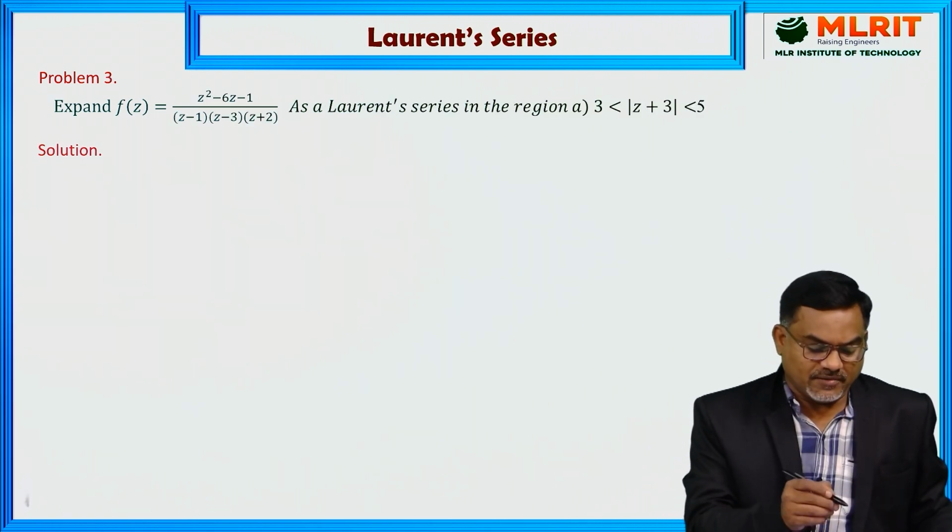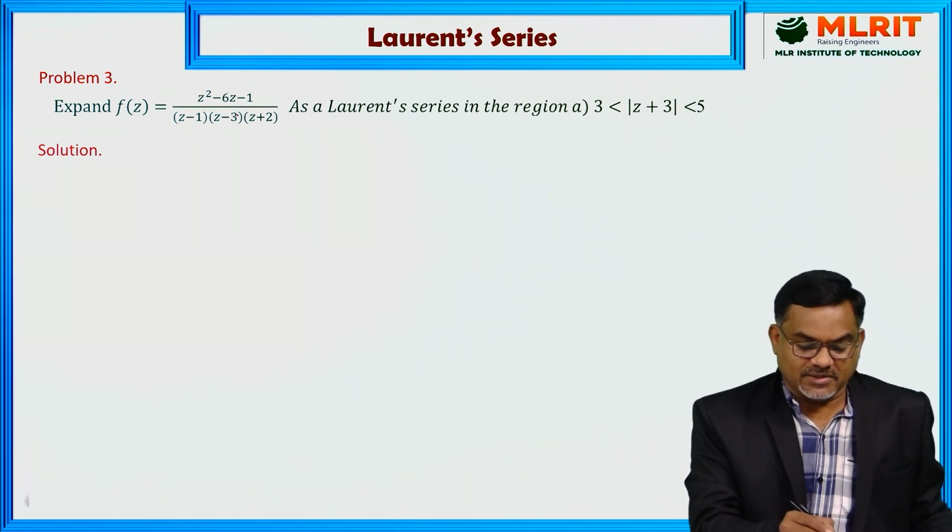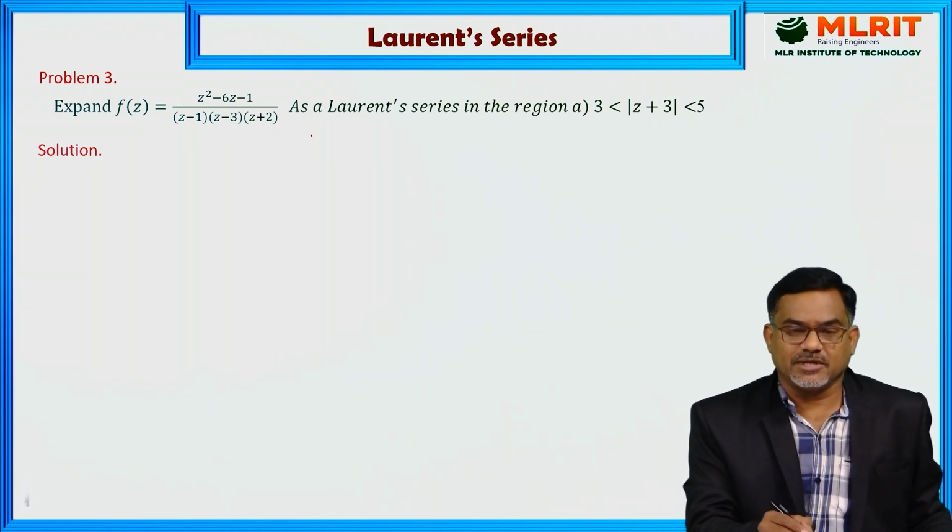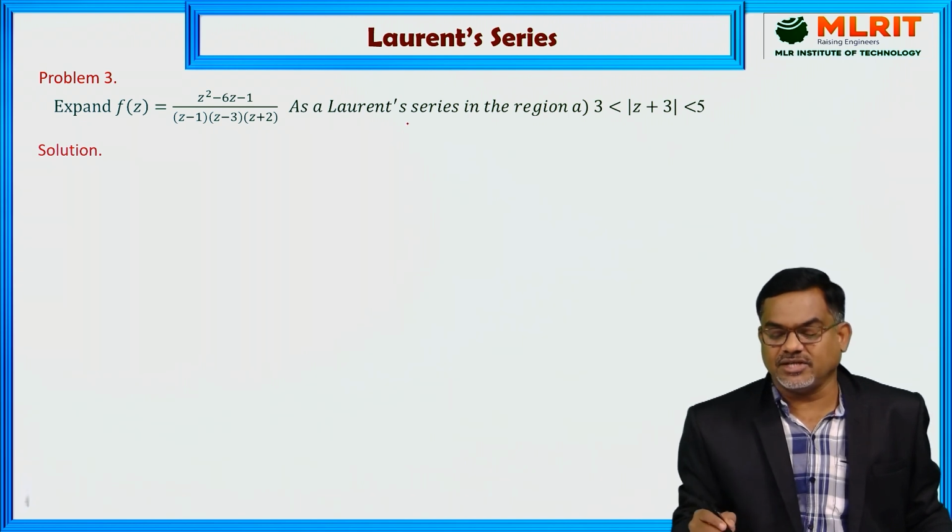Now the third one: expand f of z equal to z square minus 6z minus 1 by (z minus 1) into (z minus 3) into (z plus 2) as a Laurent series in the region 3 less than mod z plus 3 less than 5.